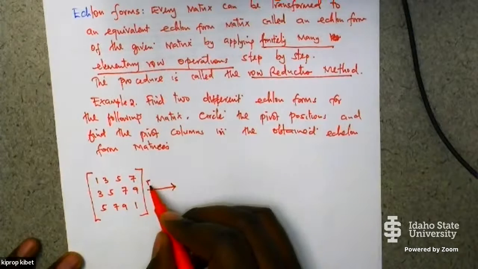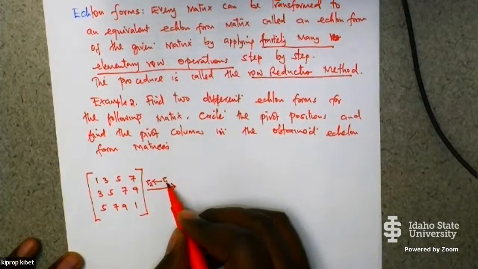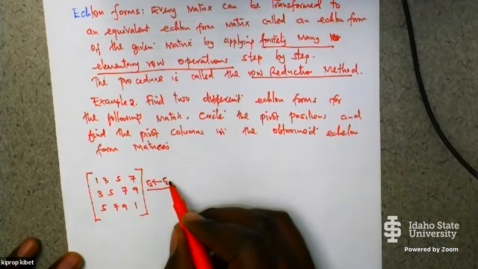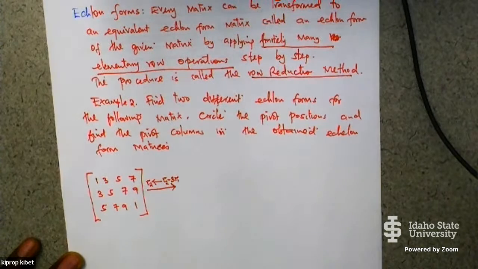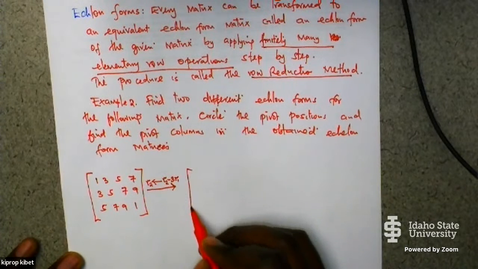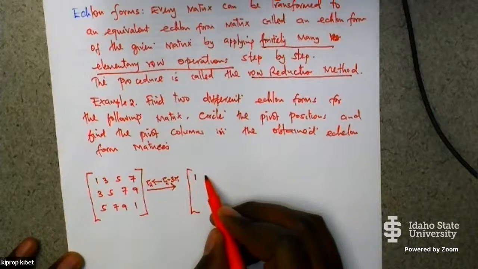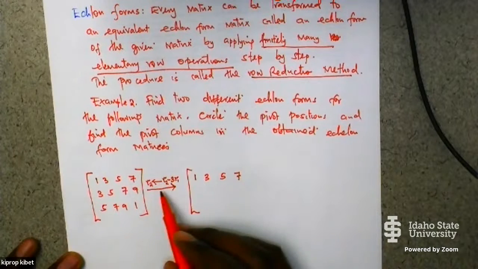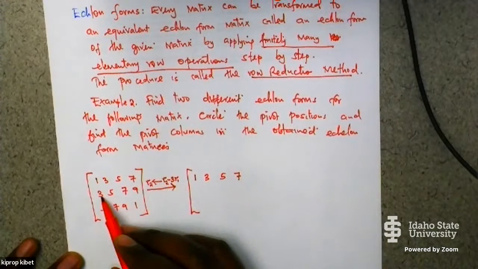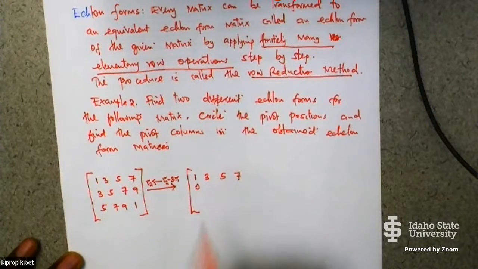To get the new R2, we say R2 minus 3 R1. Here we retain the first row. So R2 minus 3 R1: 3 minus 3 is 0.